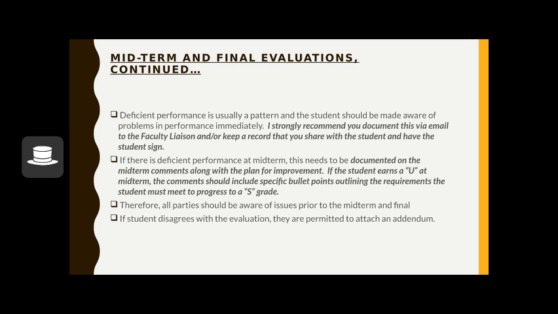And so if there is deficient performance in any area, the student should be made aware of that as it's occurring, not at midterm or at final, but when it's occurring. I strongly recommend here that you document this via email to the faculty liaison. If you're seeing a pattern of deficient performance or some issues that are concerning even in the first few weeks, you need to email the faculty liaison.